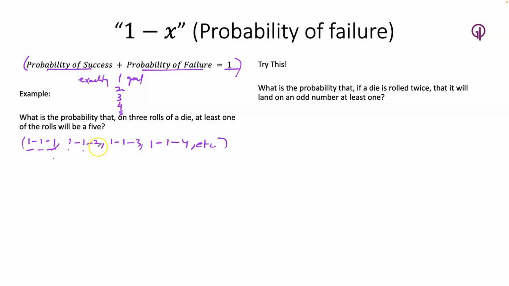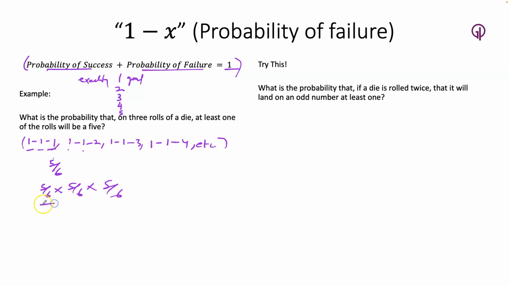yield a 5? Okay, and so on each roll we know that there is a 5/6 probability that the die will not yield a 5. And so the probability that on all 3 rolls the die will not yield a 5 is what? 5/6 times 5/6 times 5/6.